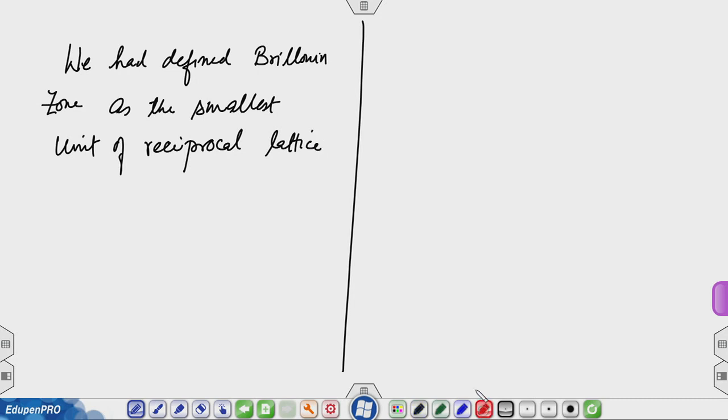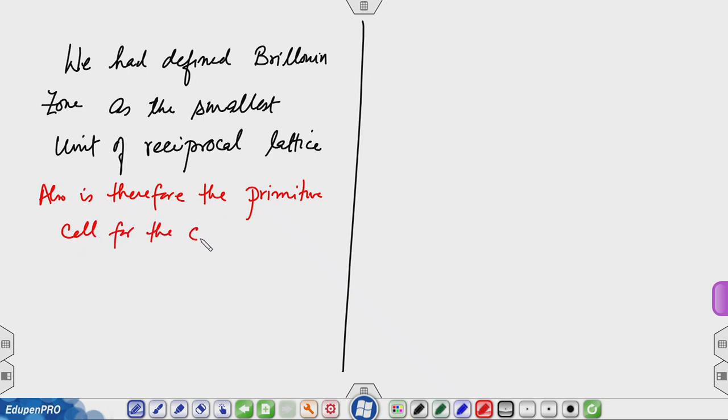So, this is also therefore the primitive cell for the reciprocal lattice. Now, recall that primitive cells are not unique. Therefore, this is one of the ways, the way we made Brillouin zone, one of the ways how you get a primitive cell.